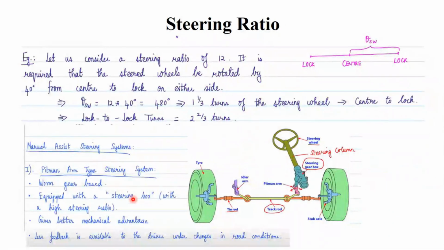And as a result, when you have the high steering ratio, we have also seen that a high steering ratio is required for better mechanical advantage. When you have high mechanical advantage, the load to effort ratio will be much higher, which means the ratio of the output force to the input force will be higher, so with less input force you can get better output.